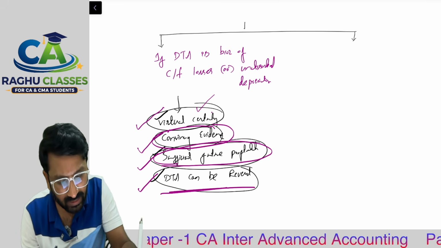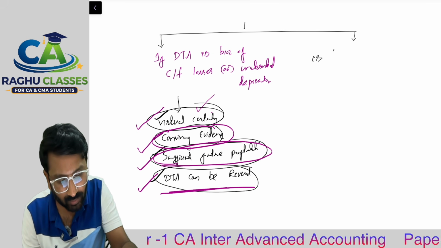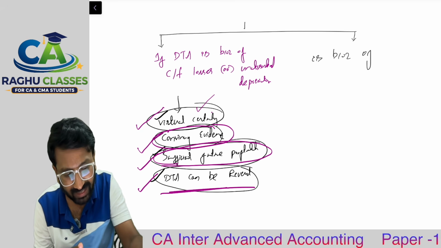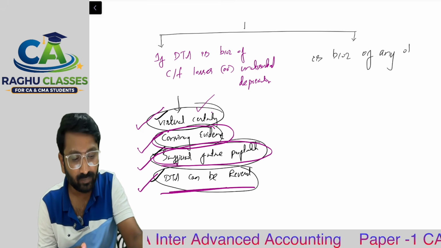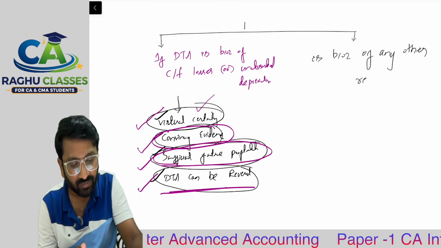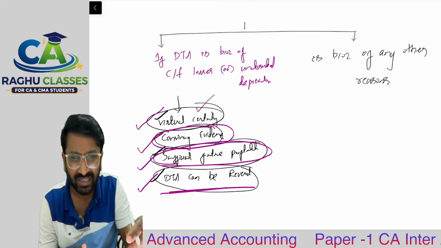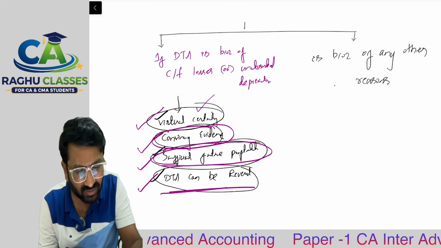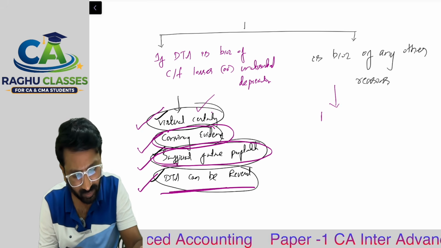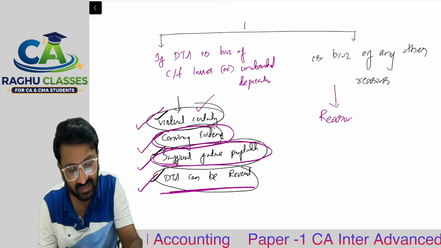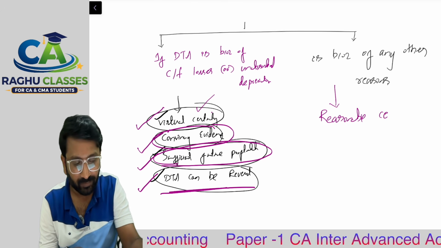Similarly, if DTA is because of any other reason, I mean to say other than carry forward losses or unabsorbed depreciation, any other reason, the standard does not ask for virtual certainty. It is simply reasonable certainty is enough.